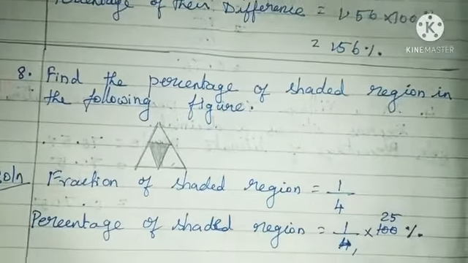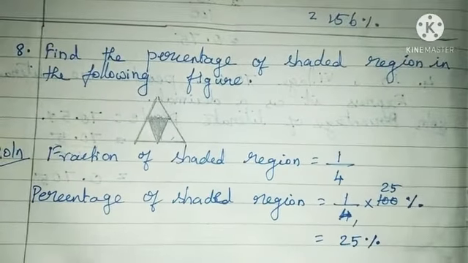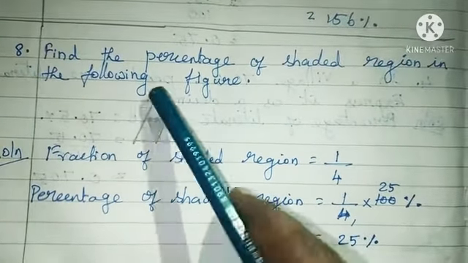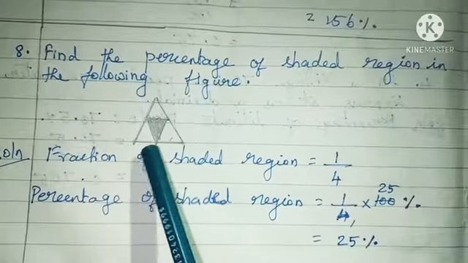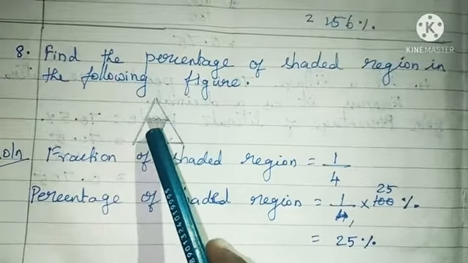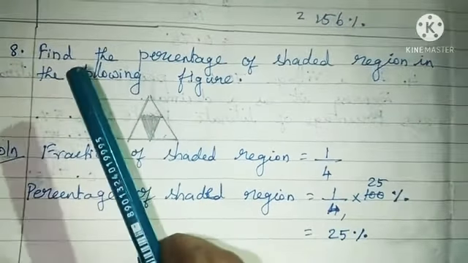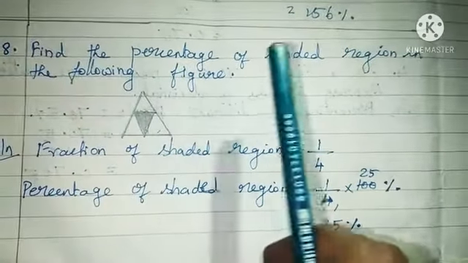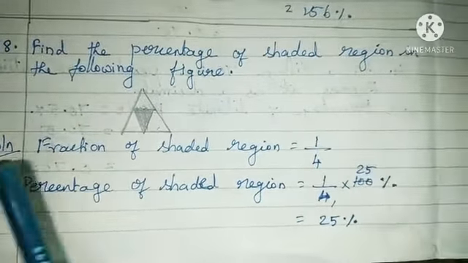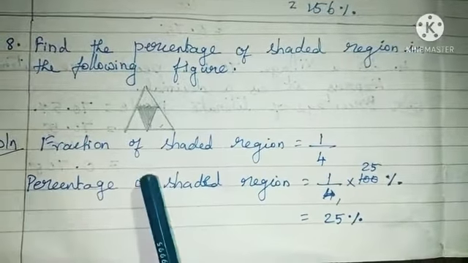Eighth sum, find the percentage of shaded region in the following figure. The following figure is given. Here in this figure, we are having 4 triangles. Out of 4 triangles, 1 triangle is shaded. The question is, you have to find out the percentage of shaded region. For that, first we are going to write the fraction of shaded region.